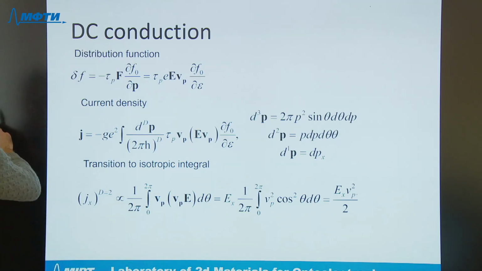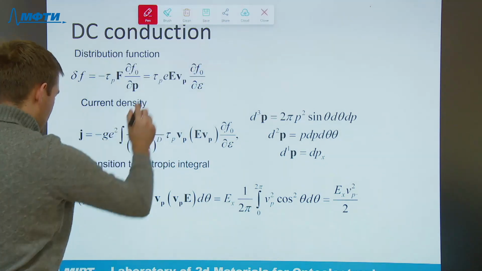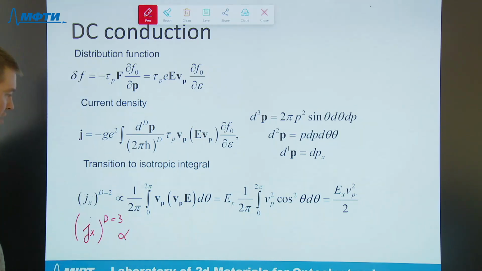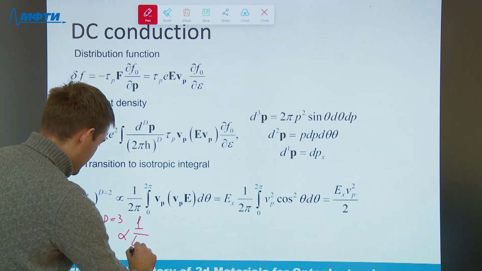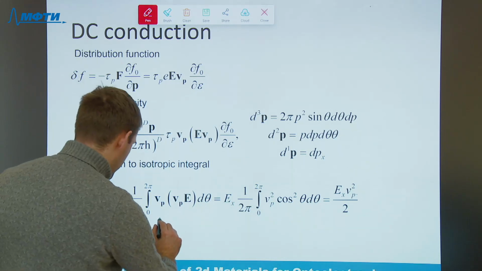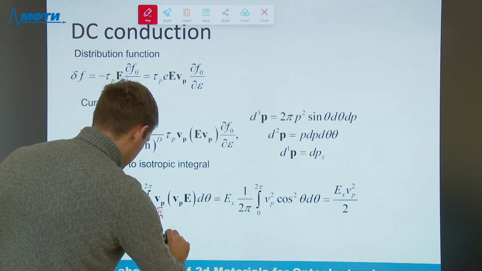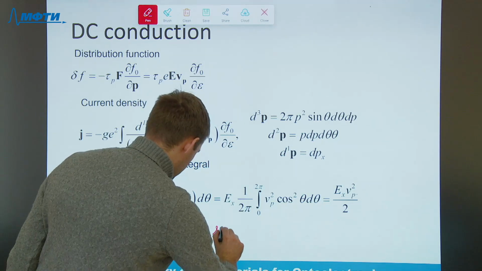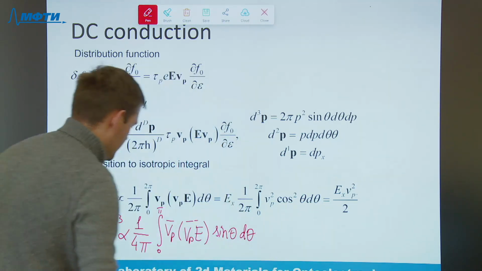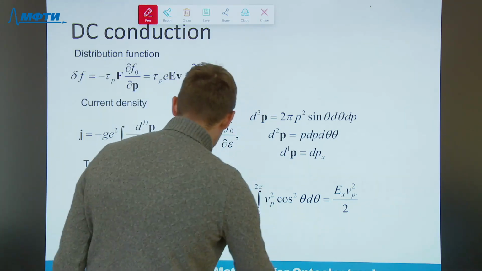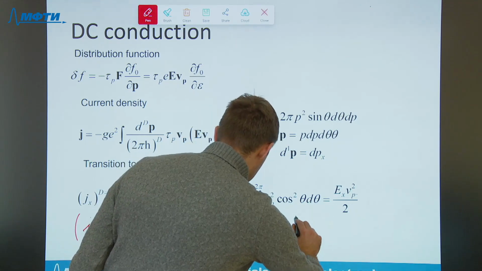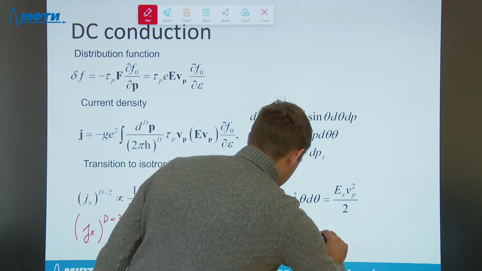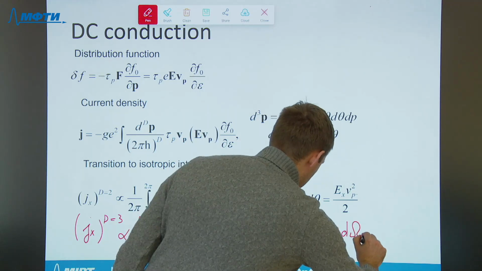And it is quite interesting that if you want to make the averaging of the expression in 3 dimensions, you just divide it by the full solid angle of 4 pi and take the integral from 0 to pi of velocity multiplied by the scalar product of velocity and electric field times sine theta d theta, and actually it is equivalent to averaging of cosine squared over all solid angles.